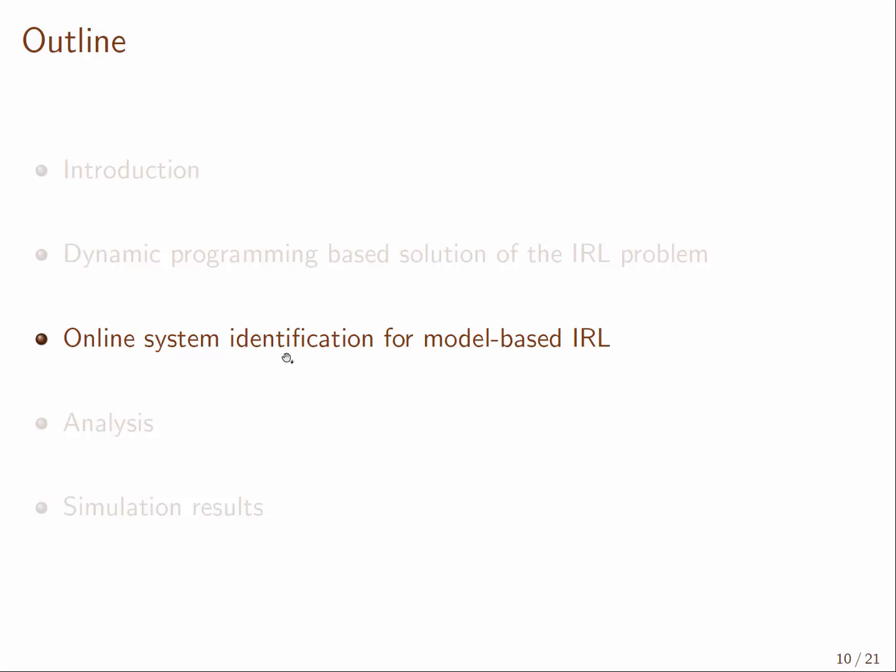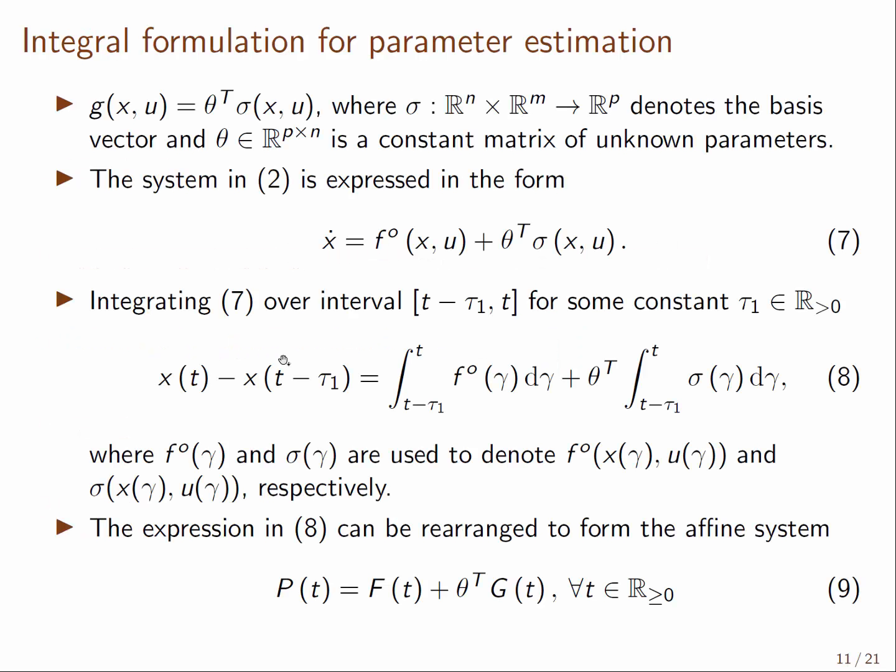Let's get to the uncertain part of the system dynamics and talk about system identification. As I said, this uncertain part G is assumed to be parameterized as theta transpose sigma, and we haven't included a function approximation error, but it can be included in here without too much change. We've just done this for simplicity. Then the dynamics can be expressed as equation 7 there.